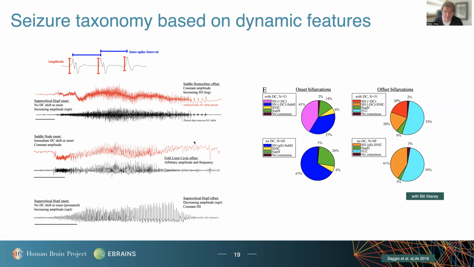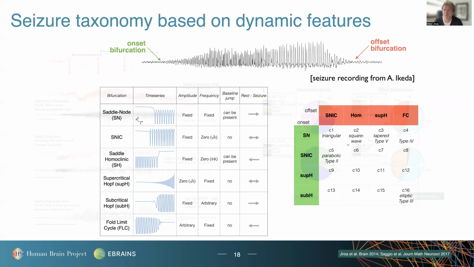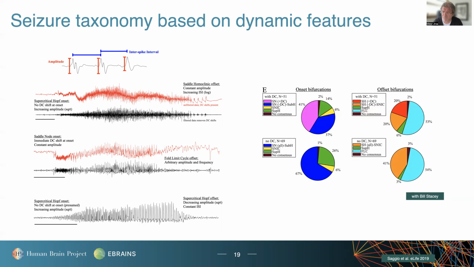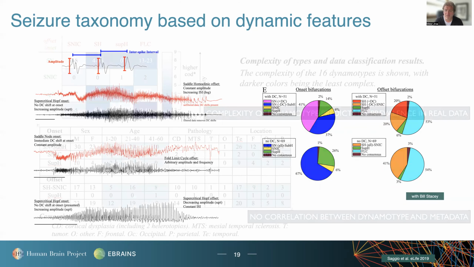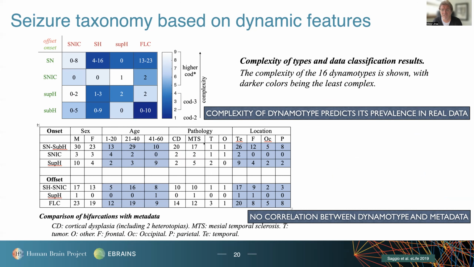So this can be done systematically, providing us with a mathematical skeleton that can be imposed upon the mean field dynamics, allowing us to parameterize these type of models. So it's a very powerful way guiding our thinking, but it's making also other predictions, such as: can we predict the most prominent seizure types, the dynamotypes, simply by analyzing this bifurcation patterns in more detail? And the answer is yes.